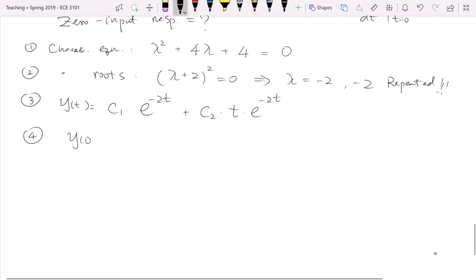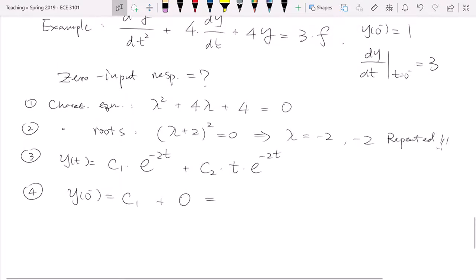So y(0) will be equal to c1 times e to the 0 as usual, so I don't have to write it down again. Plus, the second term is even simpler because when t is equal to 0, c2 times 0 will be 0. So it will be c1 plus 0 equal to the initial condition. Let's see what it is. It's equal to 1.